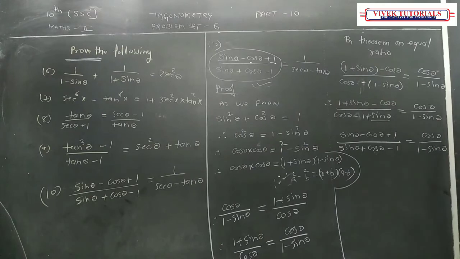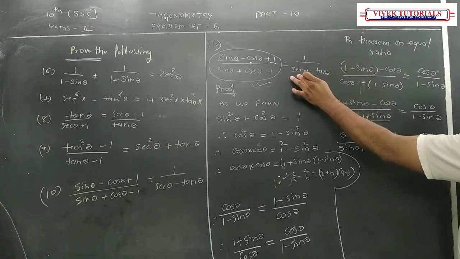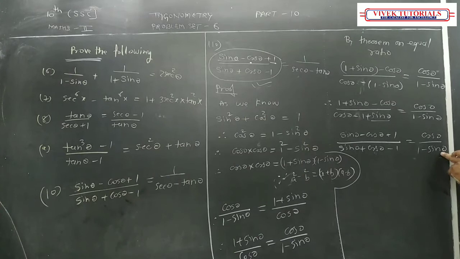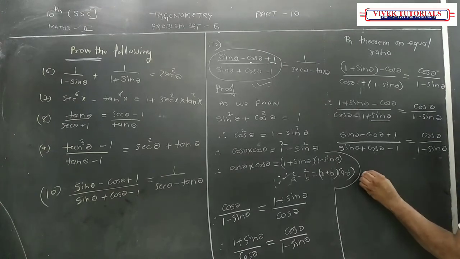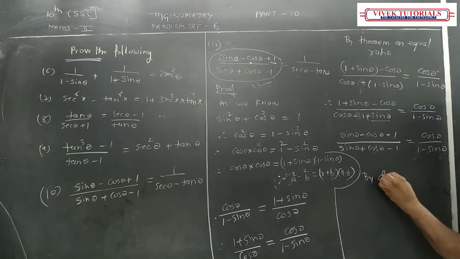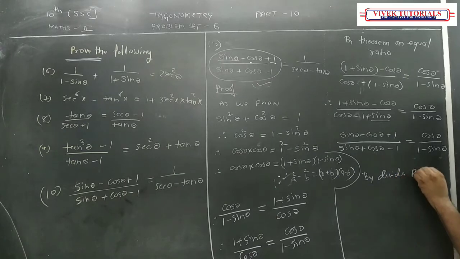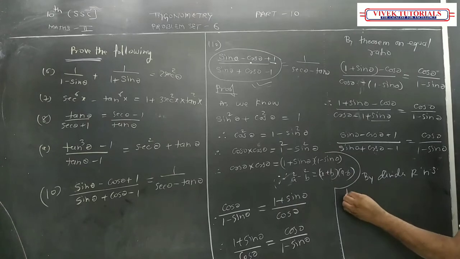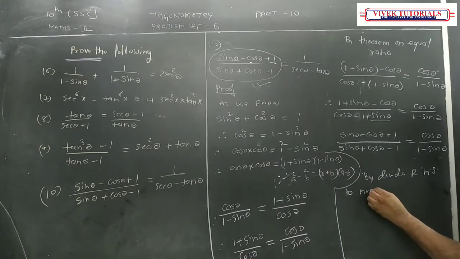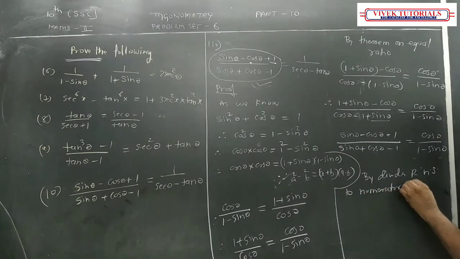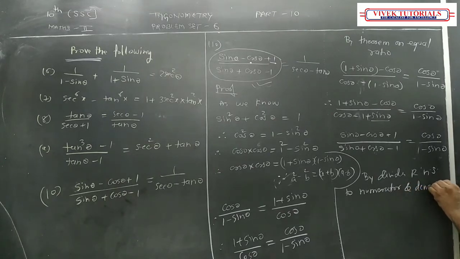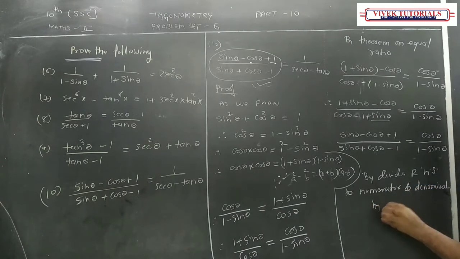What we require is 1 upon sec theta minus tan theta. Sin theta upon cos theta is tan theta, and cos theta upon cos theta is 1. So we are going to divide the right hand side, numerator and denominator, by cos theta.